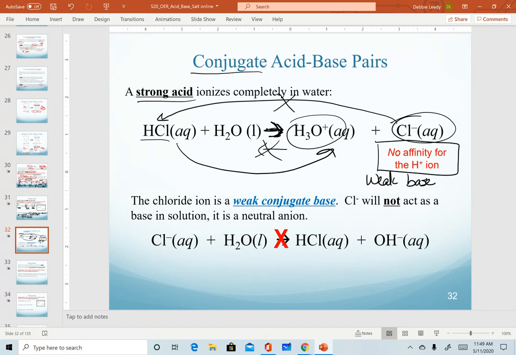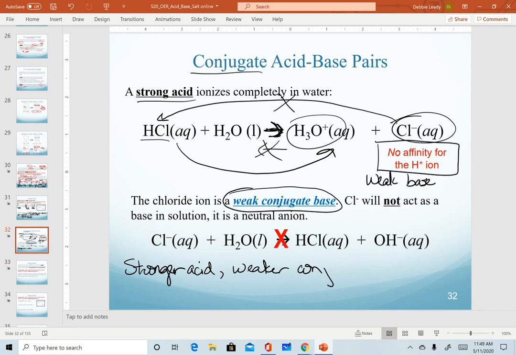And so this reaction does not go in the reverse. So the chloride ion, again, is a very weak conjugate base because HCl is such a strong acid. And so realize that there is an inverse relationship here. The stronger an acid, the weaker its conjugate base.